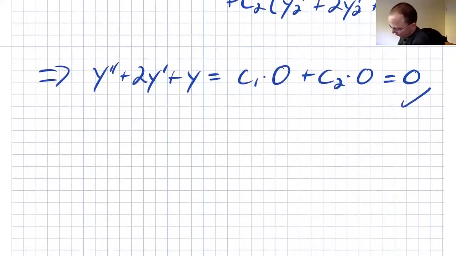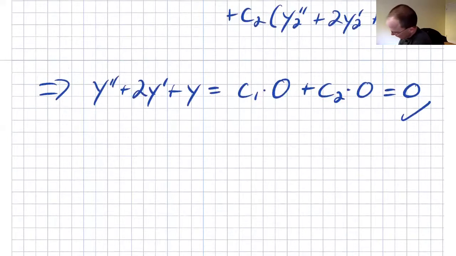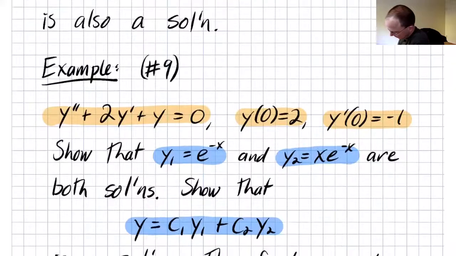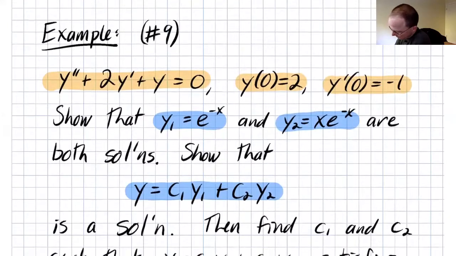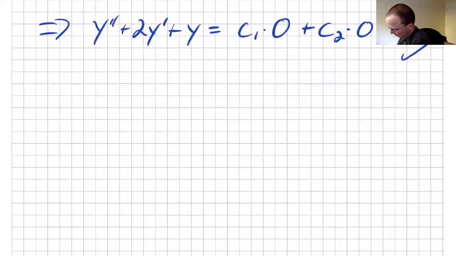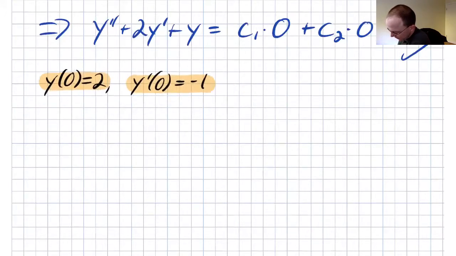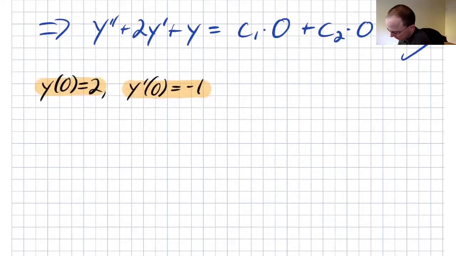Okay, so now what do we do? So now we want to look at these initial conditions. So let me copy that, and we will see how we use them to determine these coefficients, C1 and C2. So here are the initial conditions.